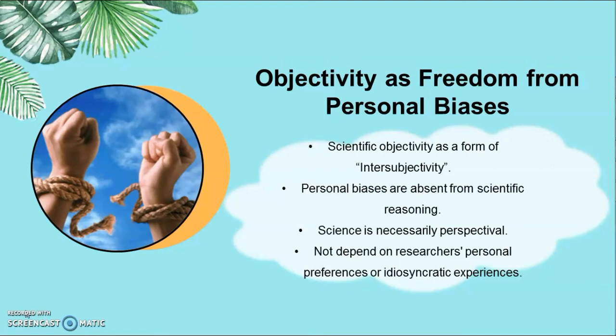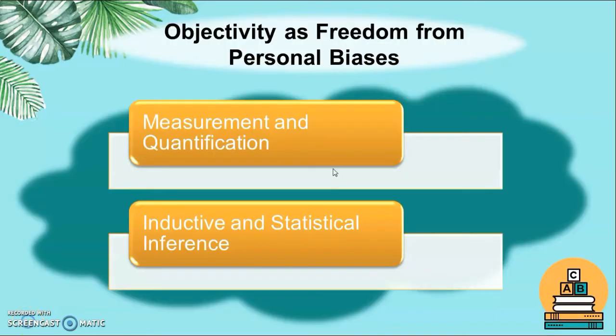All science is necessarily perspectival. We cannot sensibly draw scientific inferences without a host of background assumptions, which may include assumptions about values. But scientific results should not depend on researchers' personal preferences or idiosyncratic experiences.